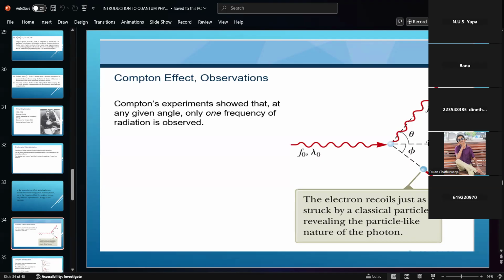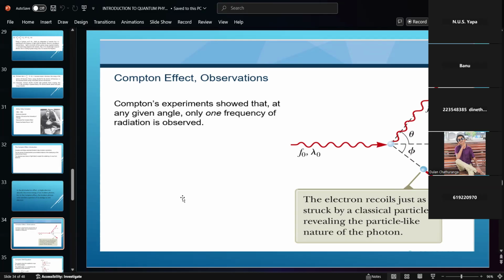The recoiled photon, which makes up the scattered beam, has less energy than the incident photon E naught. Then E dash is less than E naught. Then you can see the recoiled electron here, recoiling just as if struck by a classical particle. The scattering angle of the electron is phi here, right?